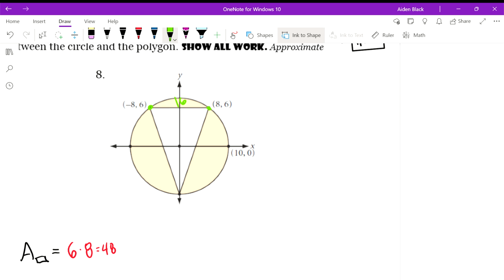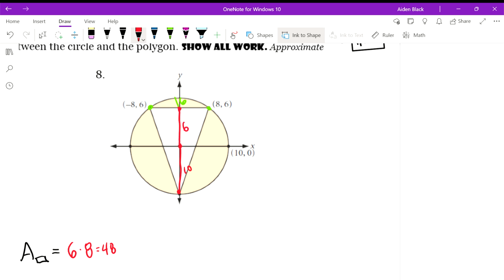But we actually, I think we can find it, because the radius here is 10. Okay, so the distance from here to here is 10, and the distance from here to here is 6.